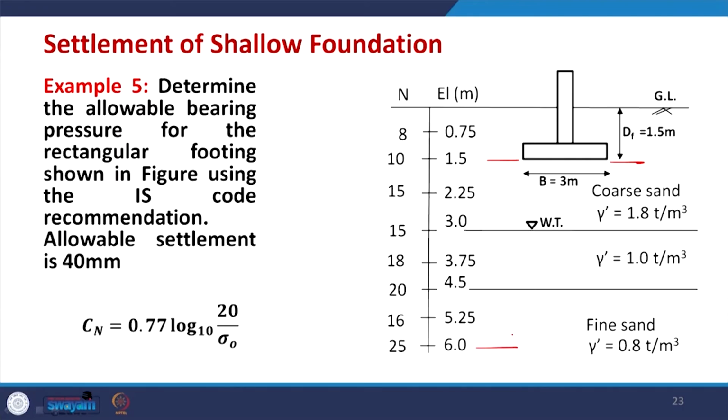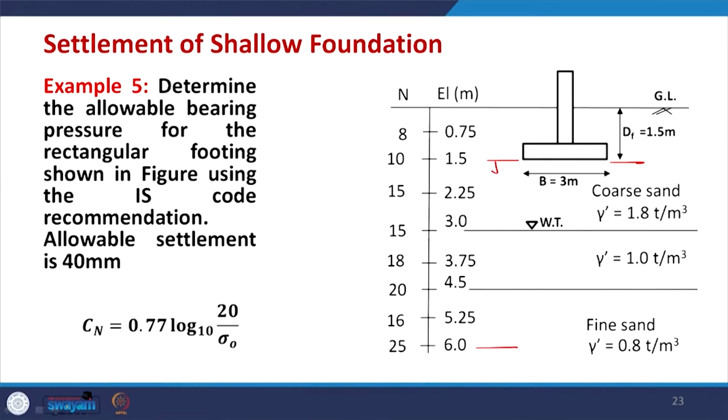For example, the first 0.75 meter, then 1.5, then 2.25, 3, 3.75. So, these data are at every 0.75 meter. They are good data, and our N values will be below the base of the footing. So, we do not consider the data above the base of the footing. Using this, the calculation is done in tabular form, which is on the next slide.